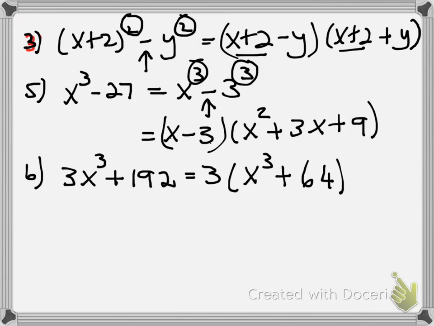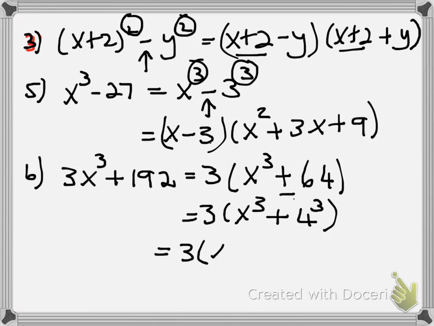You cannot do anything if you have not. Now I have a sum of two cubes. Look at this: x cubed plus 4 cubed. 64 is 4 cubed. I'm going to give you all the cubes that you guys can try to memorize. Okay, now we have a sum of two cubes. x plus 4 and then x squared minus 4x plus 16 by just applying my formula.